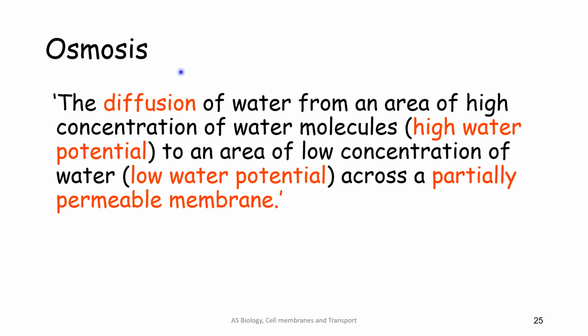Osmosis is a type of diffusion. So when we talk about osmosis, it is specifically the movement of water, okay? So osmosis is the diffusion of water from an area of high concentration of water molecules to an area of low concentration of water molecules across a semi-permeable membrane, which is just another word for our cell membrane.